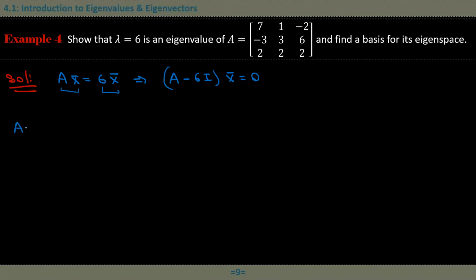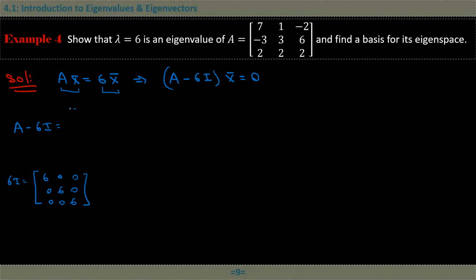So what is A minus 6I? Notice that 6I is the matrix with 6, 0, 0, 0, 6, 0, 0, 0, 6. If you subtract this matrix from A, it means we subtract this lambda, 6, from the components on the main diagonal.